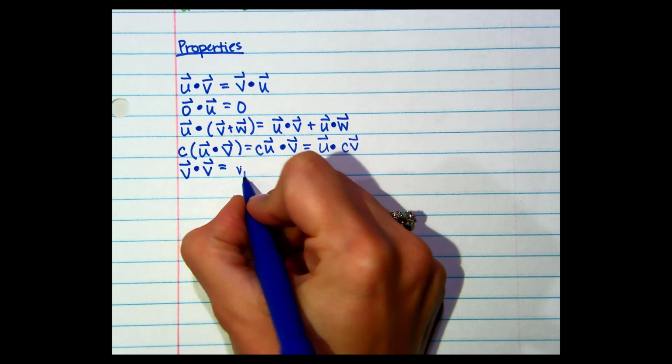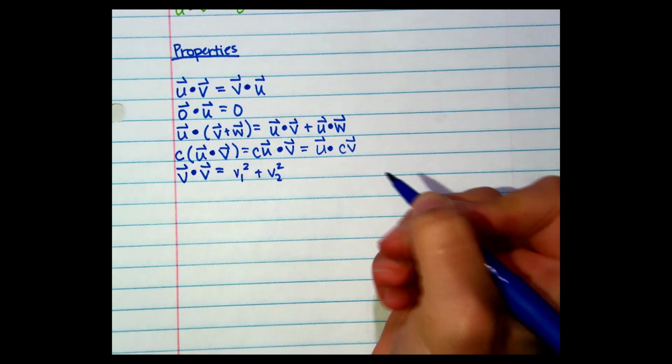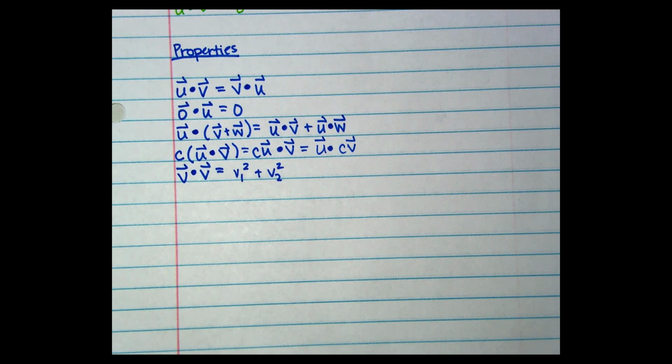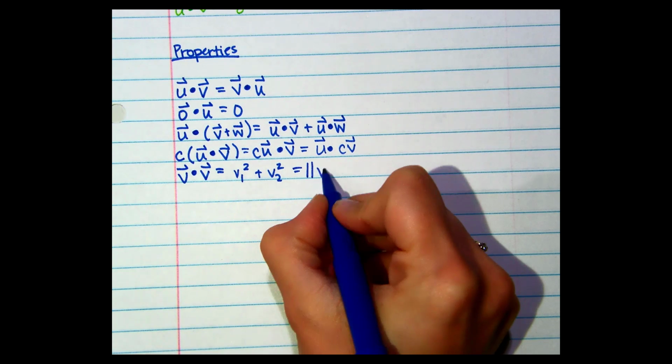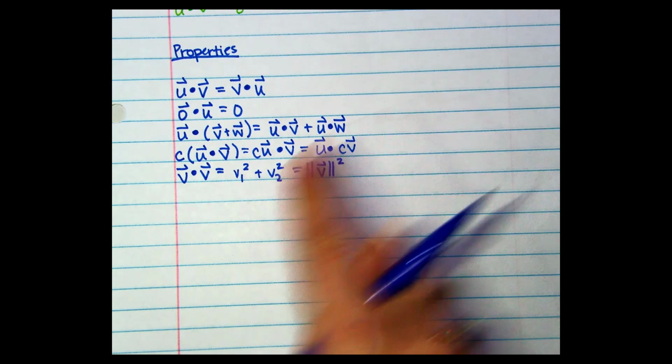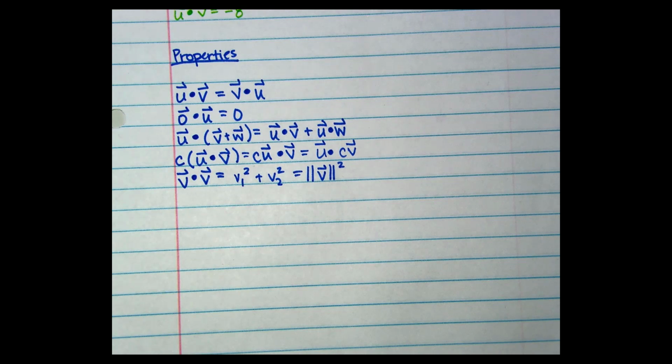Won't you have V1 squared plus V2 squared? And that seems really familiar, doesn't it? What do we usually do with that calculation to find? Magnitude. So this is the magnitude squared, right? We would have to square root this to get to magnitude. So when I dot a vector with itself, I get its magnitude squared.